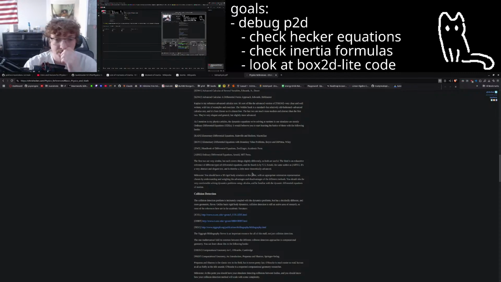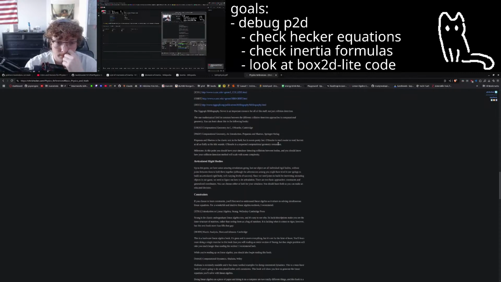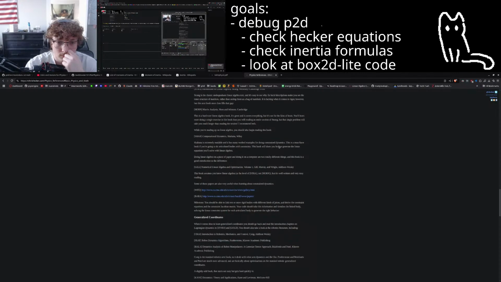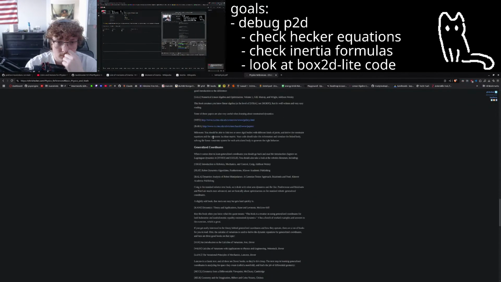Wow, no mentions of inertia. Generalized coordinates.